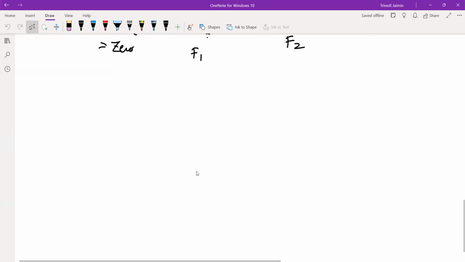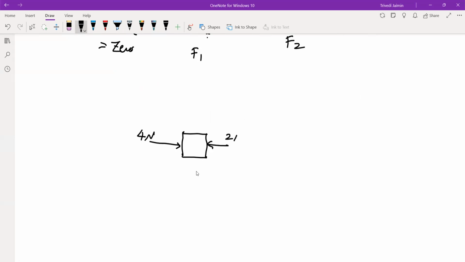Okay. Now let's see. I'm taking a box. I'm pushing on this side with 4 Newton. Someone is pushing on this side with 2 Newton. Then where should the box move?